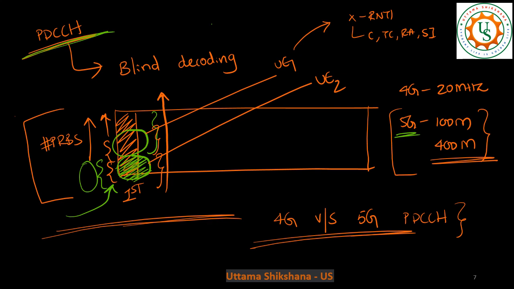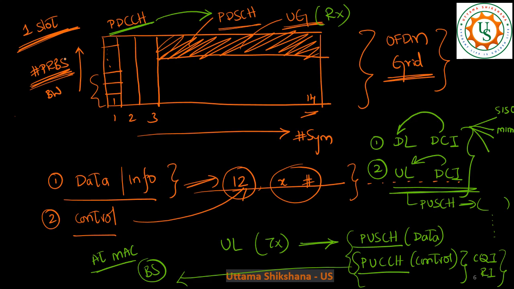I was also mentioning that this PDCCH should be transmitted in every slot, and this PDCCH will be present in either the first symbol or the second symbol or a combination of the first and second symbol, depending upon the configuration. The UE will go ahead and try to decode the PDCCH blindly in these two symbols.